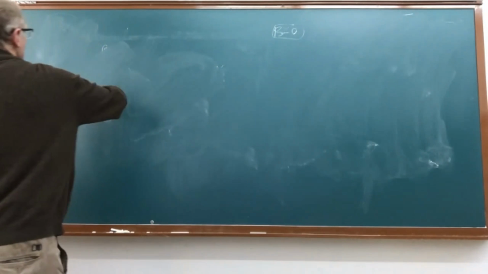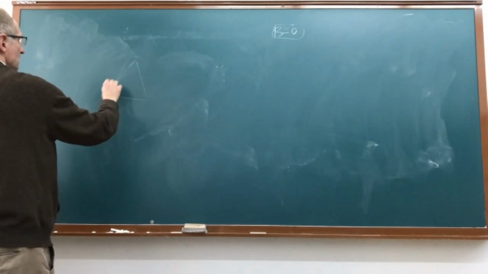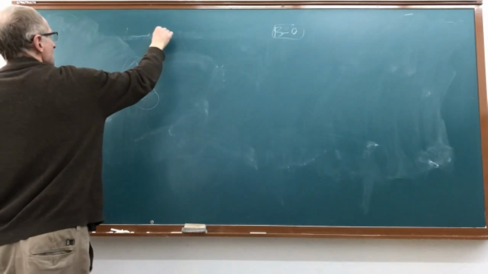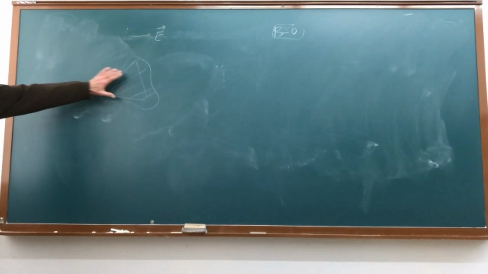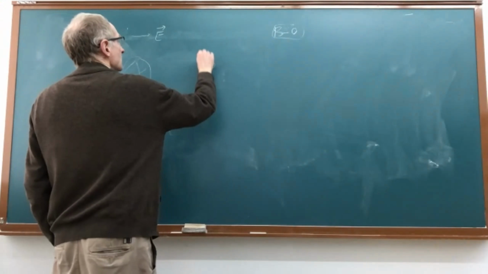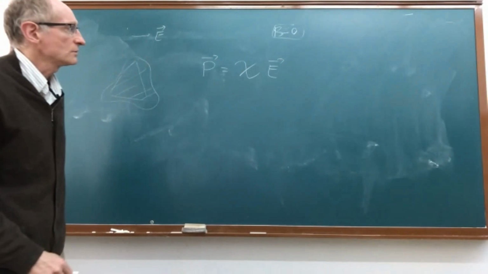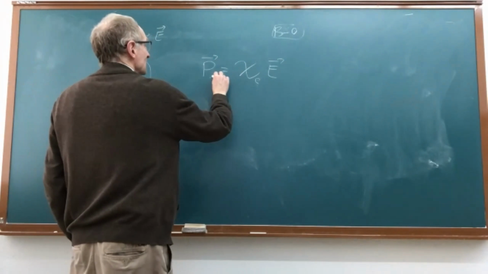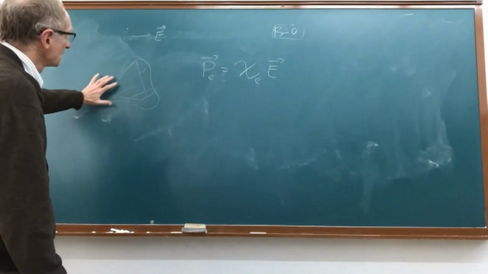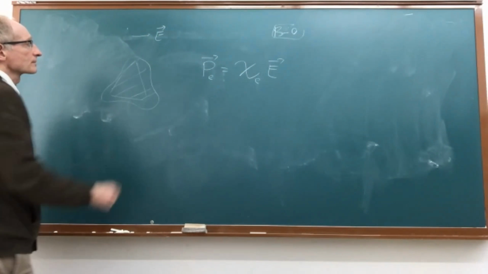Now, you remember that you have the molecule, and this is the electronic cloud. If you apply an electric field, this responds very fast to the electric field. So in general, the electric field induces an electronic dipole moment. This dipole moment is due to the deformation mostly of the electronic cloud.